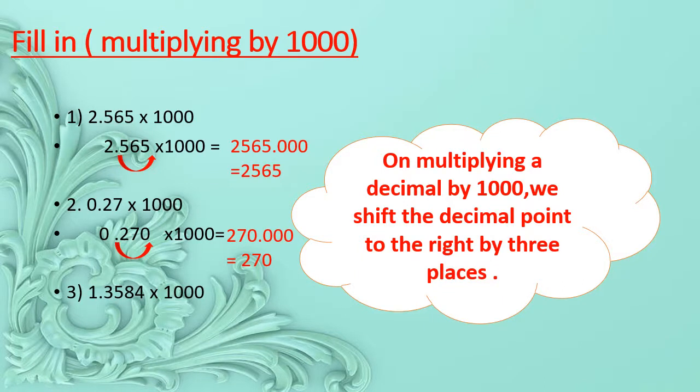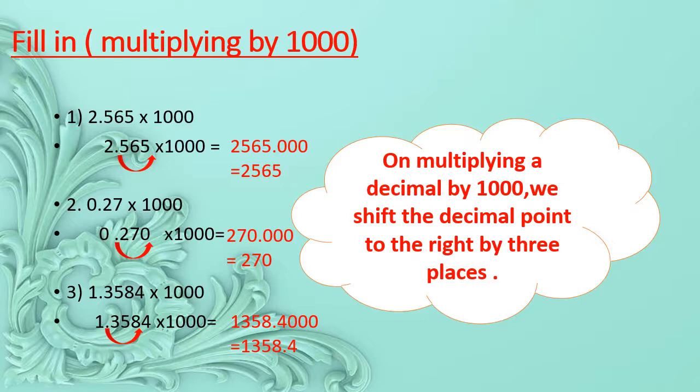The same will happen in question number 3, 1.3584 multiplied by 1000. First of all, we will shift the decimal point to the right by 3 places, and it will be placed between 8 and 4. After that we will multiply it by 1000.